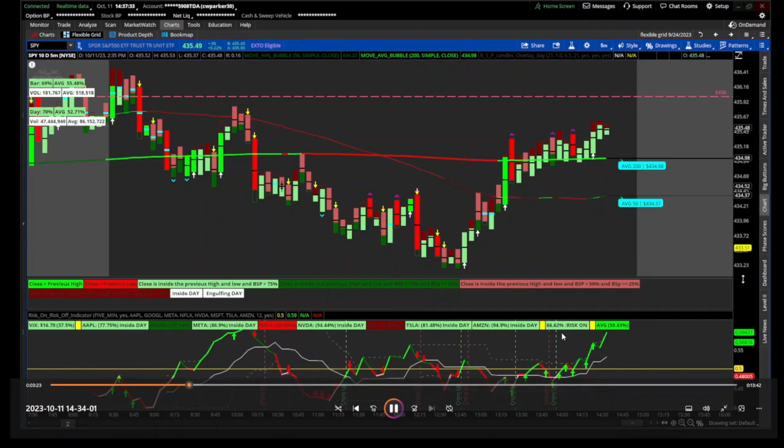So while this can be less than 50% and this can be over 50, the actual average of it can be over 50, which still gives you some sense of bullish sentiment, even though this might be below 50.